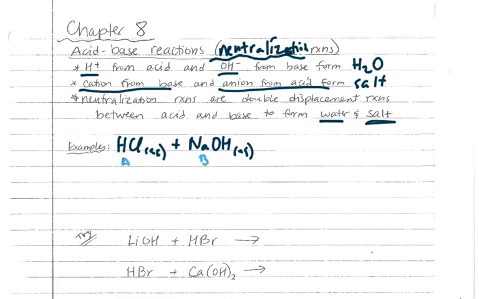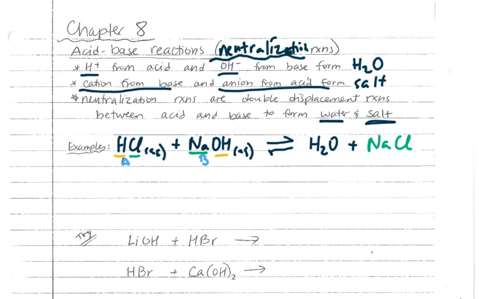And they will react to form water, and that water came from this OH and this H from the acid, and then a salt, in this case, the cation from the base and the anion from the acid. So sodium chloride is the salt that's formed, and that will be aqueous in solution.